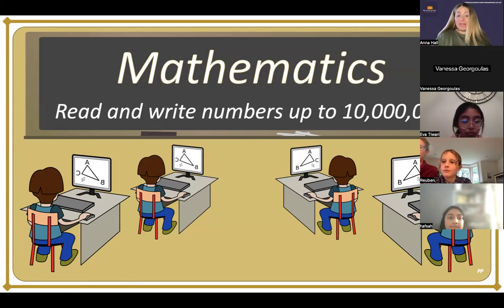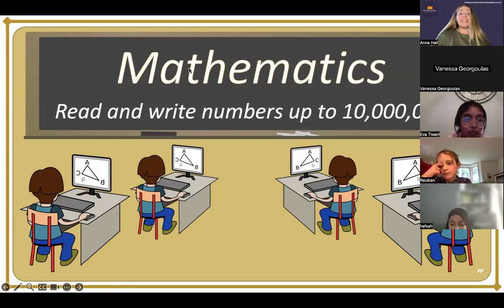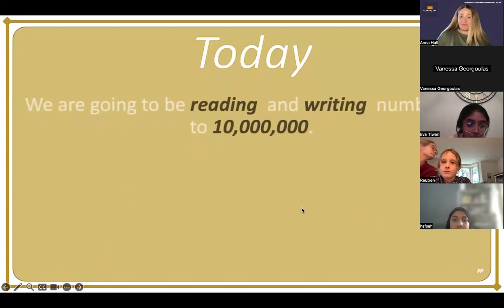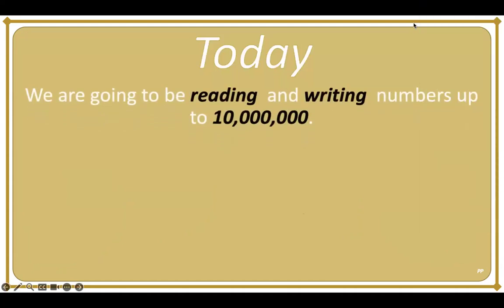If you understand big numbers, you can work with them and you'll have a much better understanding as well. Yes, the PowerPoint I can pop in the files as well at the end of the lesson, don't worry, okay? So today, we are going to be reading and writing numbers up to 10 million.